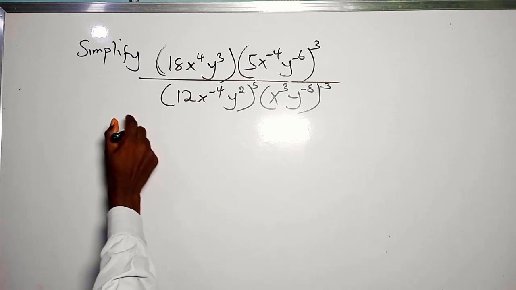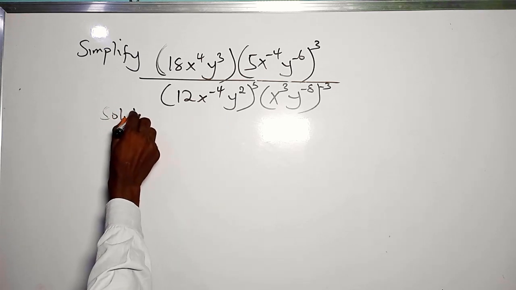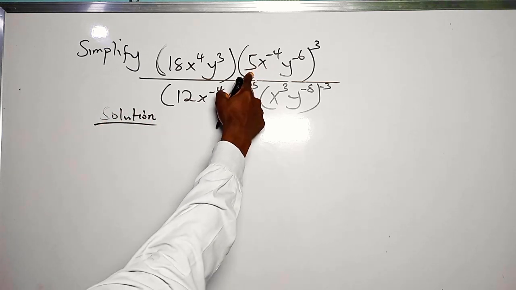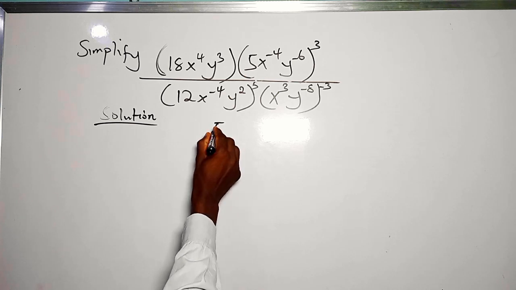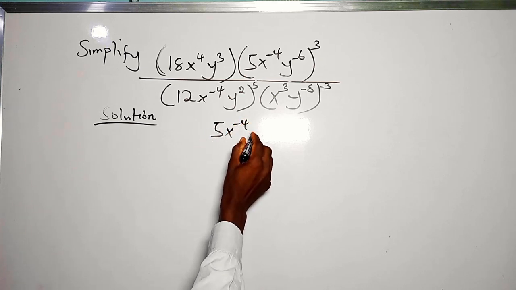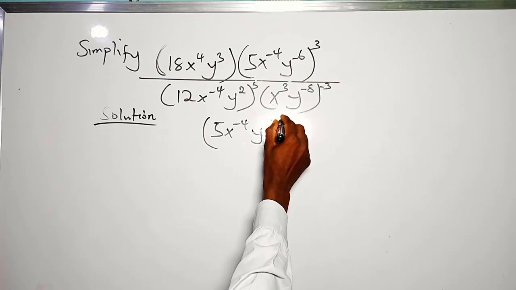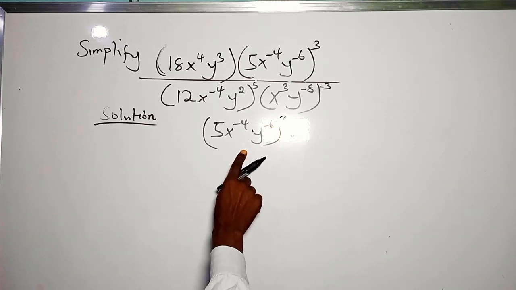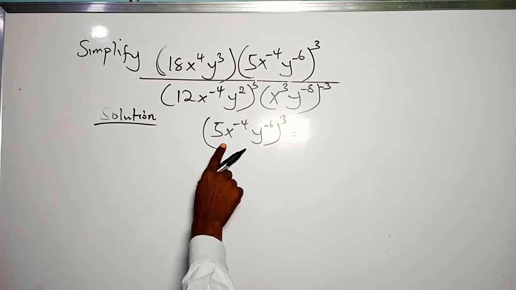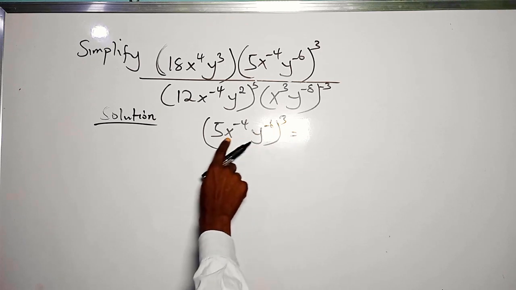So how do we go about this solution? Let's start with this. For (5x^-4y^-6)^3, this power will affect everything.